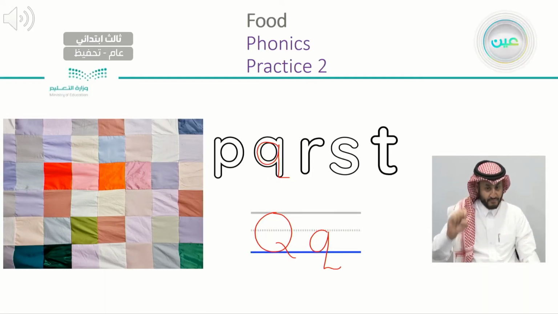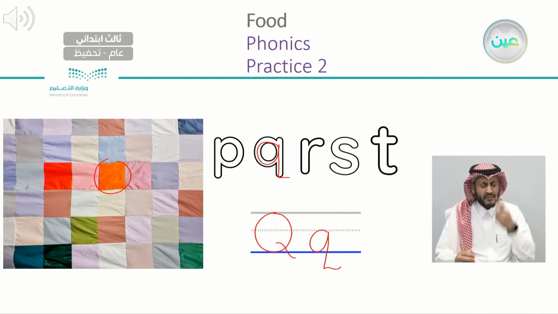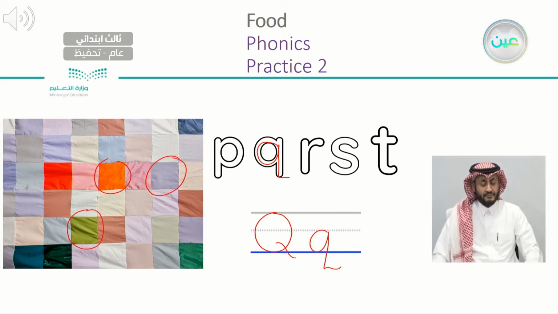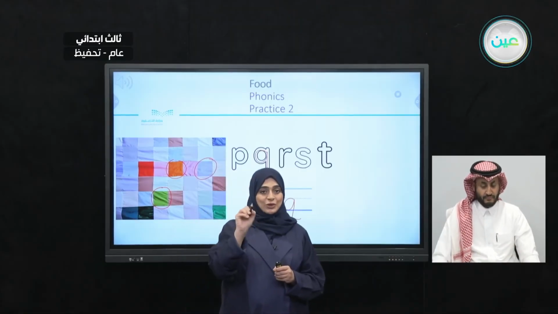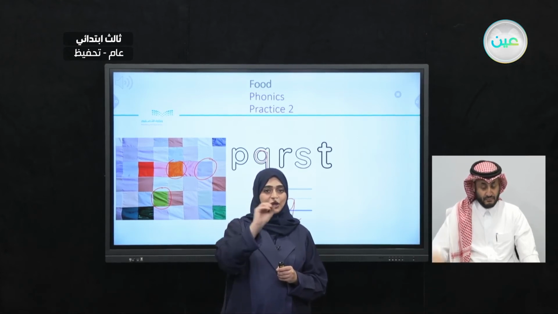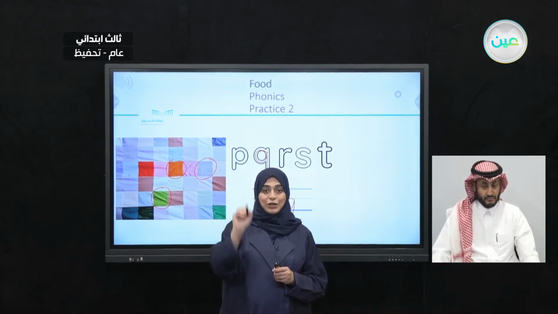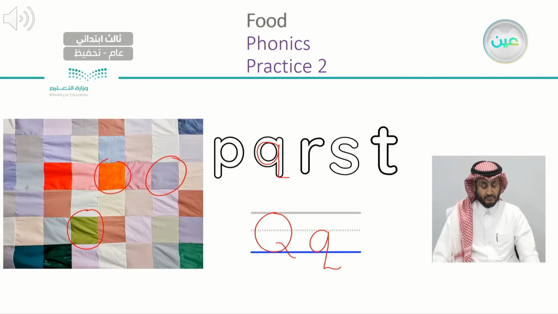Yes. Like over here we have orange. Over here we have purple. We have green. This is what makes a quilt a quilt. Clear? Quilt. Remember, Q and, can you write the word quilt? Q and U. Excellent. ILT.